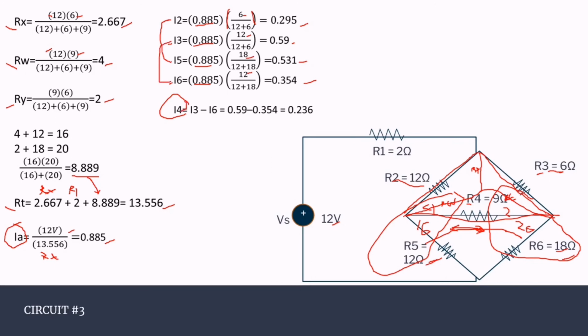So I3 minus I6 is equal to 0.59 minus 0.354 is equal to 0.236. So to check the answer, we will add the answer to I2, then the answer will be I5.